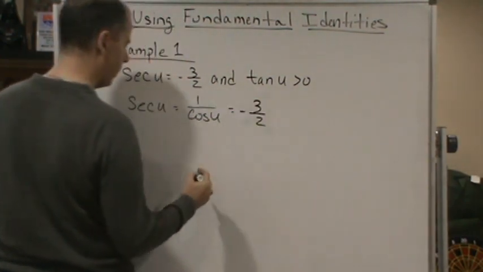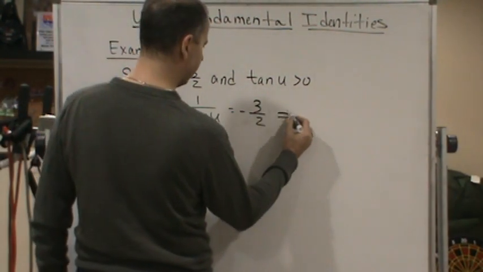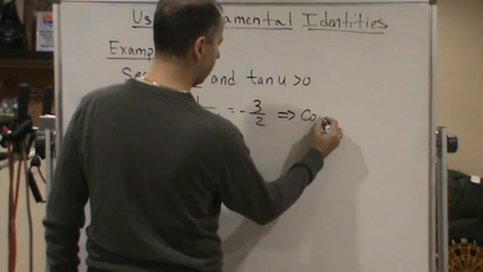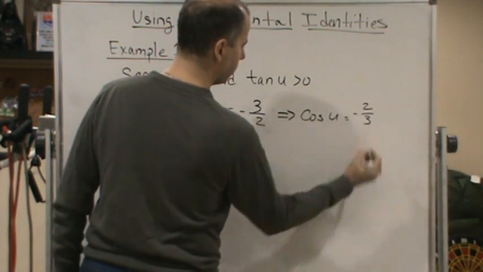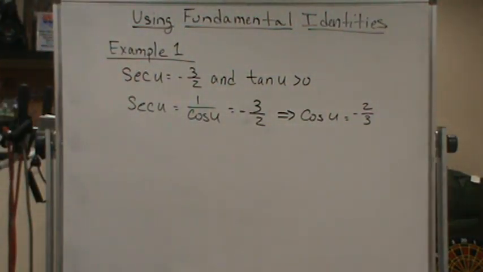So what does that imply? That's going to imply that cosine u is equal to -2/3, right? All right, so there's one.